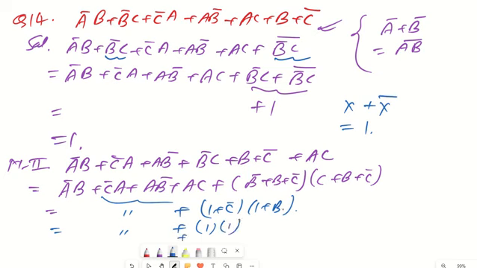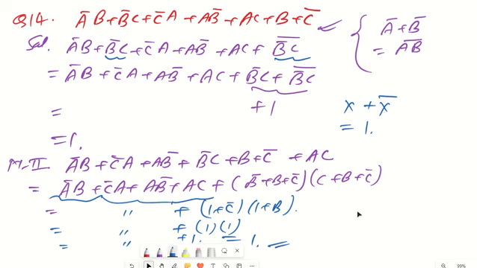So this is going to give us a single term 1 only, plus the first four terms, right? Plus 1 into 1 is 1, so anything plus 1 is going to give us the value 1. So this was another method to solve this particular question.